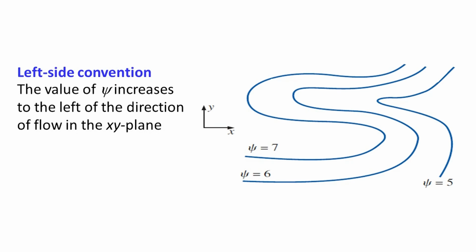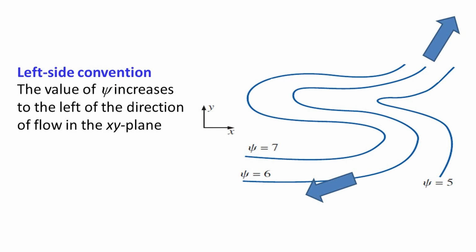The stream function adopts the left side convention. That is, the value of psi increases to the left of the direction of flow in the xy plane. By this definition, can you tell whether the flow is going up or going down?